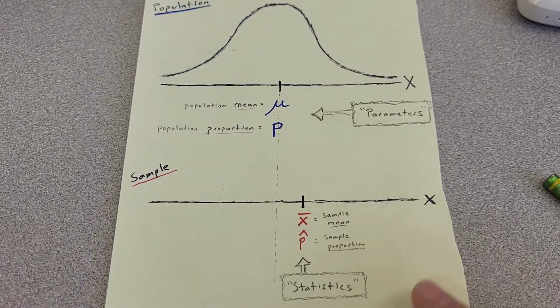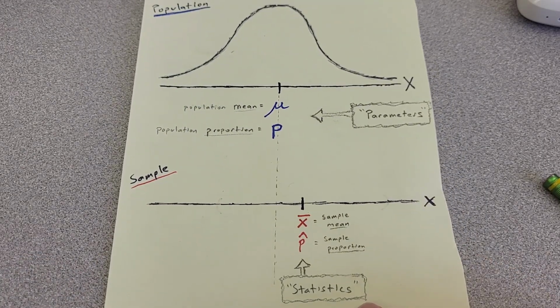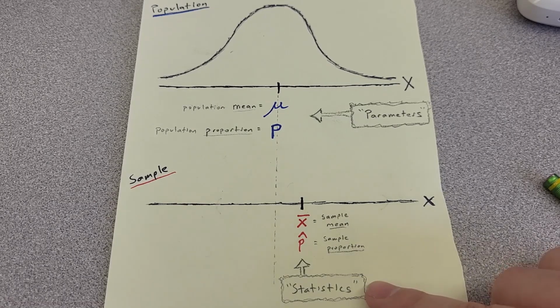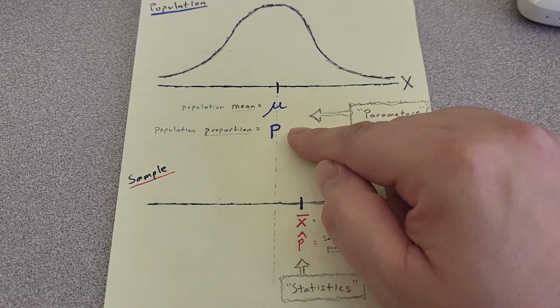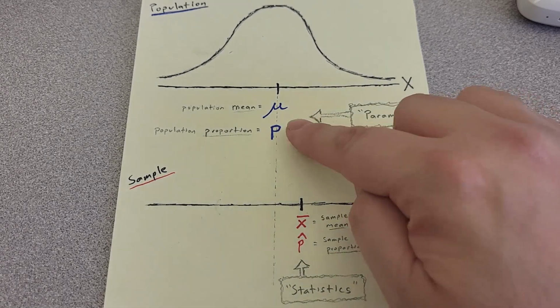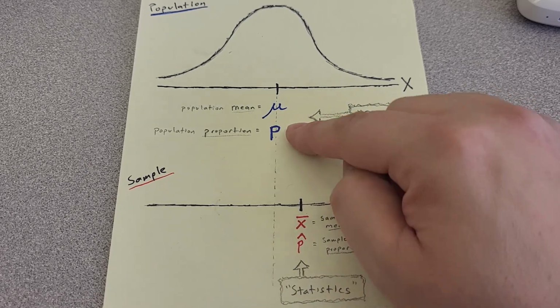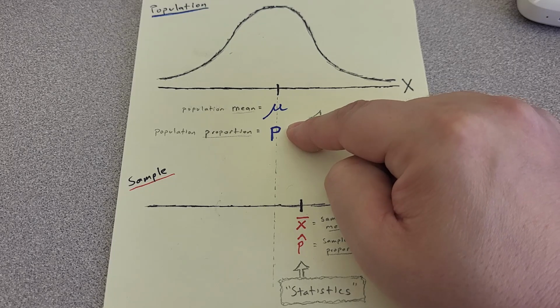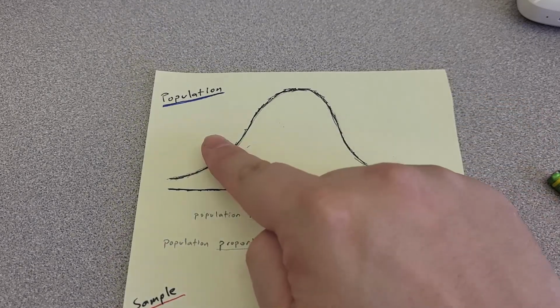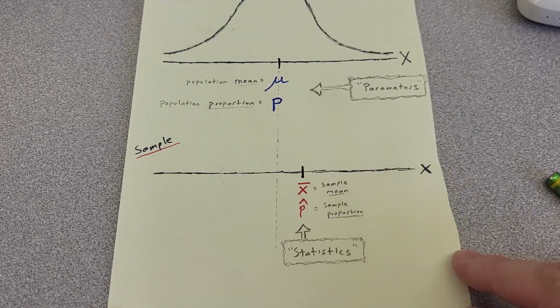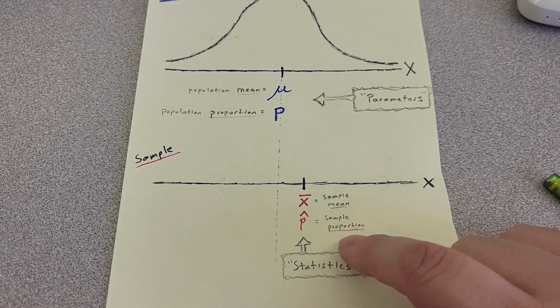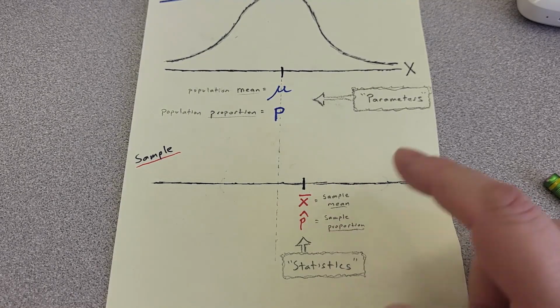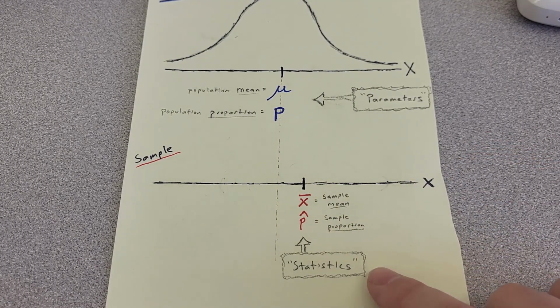That's why this class is called statistics. It's all about finding these numbers so that we can have an idea of what these numbers are. That's why they use different symbols. That's why you have the Greek letter mu and the letter P for population parameters, but down here we have English letters. We have X bar and P hat to signify that these are sample statistics.